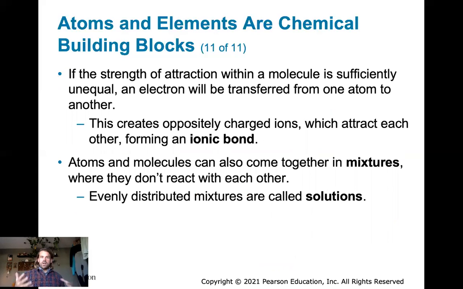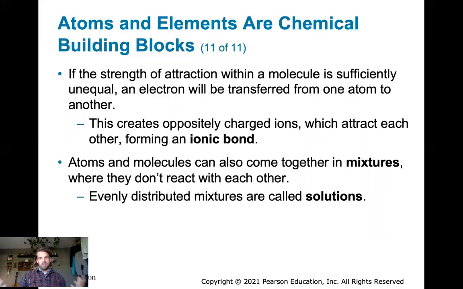If the strength of attraction within a molecule is sufficiently unequal, so if one atom is so electronegative in comparison to the other one that it will actually take electrons from the other, this is called an ionic bond. So when you create oppositely charged ions of elements, they can attract each other, forming ionic bonds.